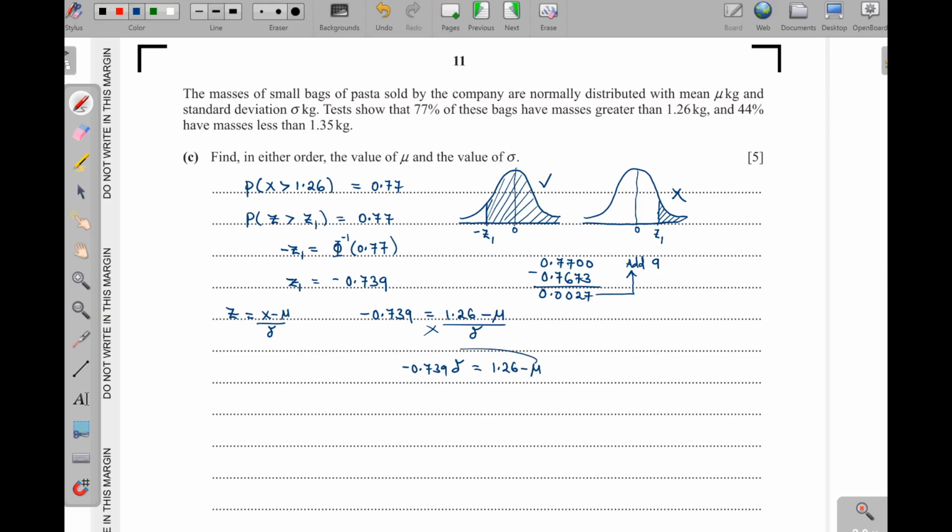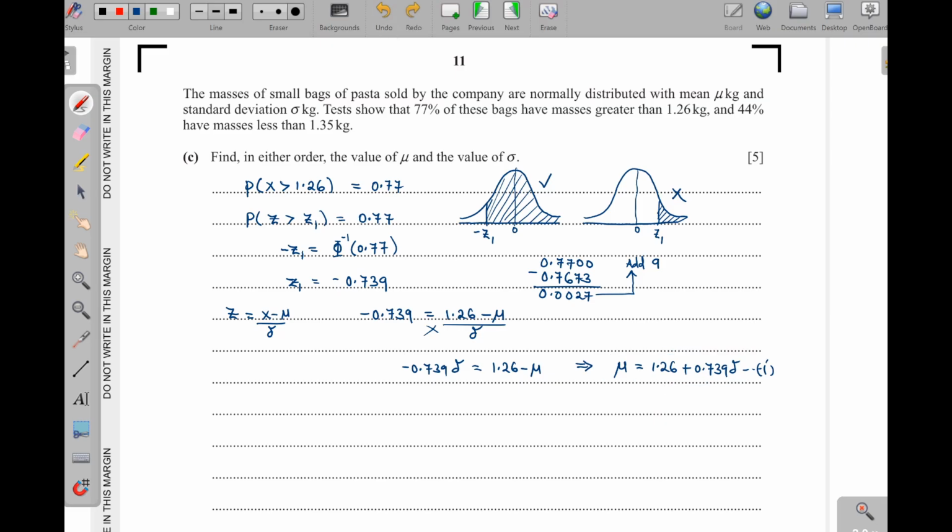I can take this one this side and then take this one here, making mu the subject. So mu is going to be equal to 1.26 plus 0.739 sigma. And this is my equation 1. So I'll keep this equation.